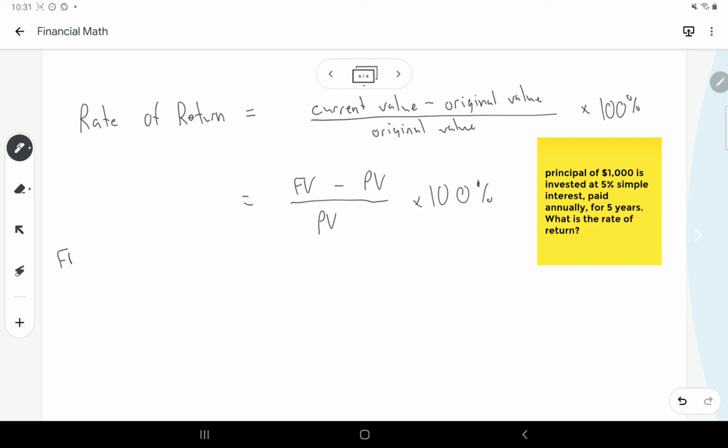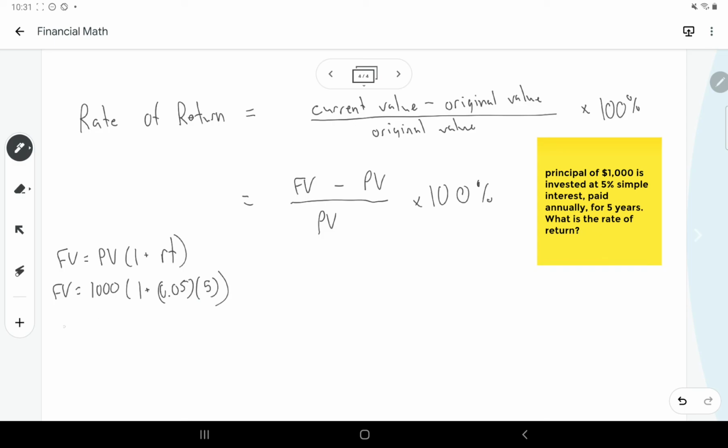We've got the future value equals the present value, more practice, times 1 plus the rate times the term. Final value equals the $1,000, not 3,000, $1,000 times 1 plus the rate times the term. The rate is 0.05, because we convert that 5% into a decimal, and the term is 5 years.